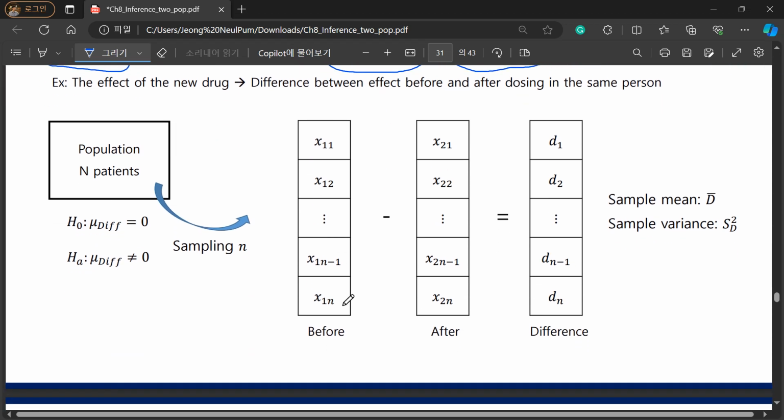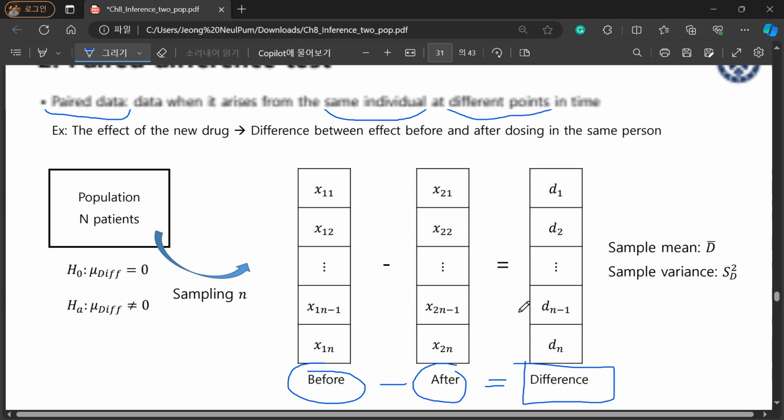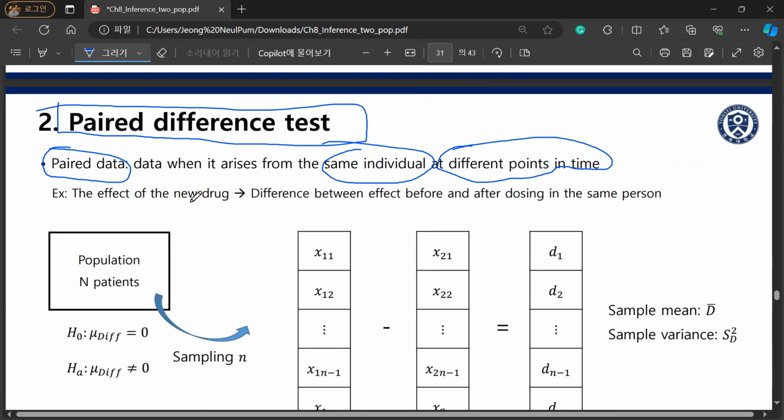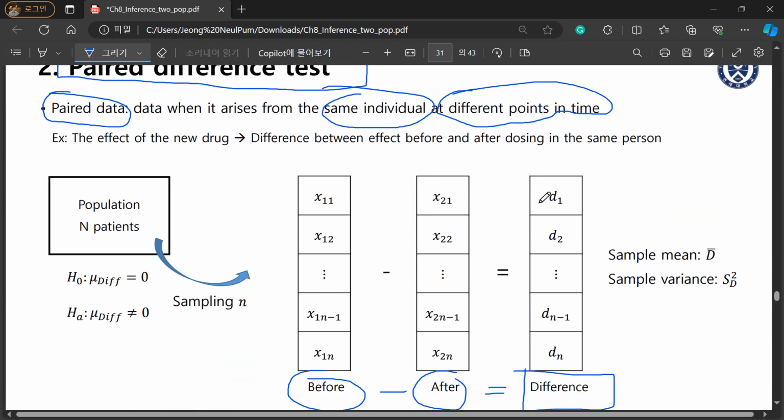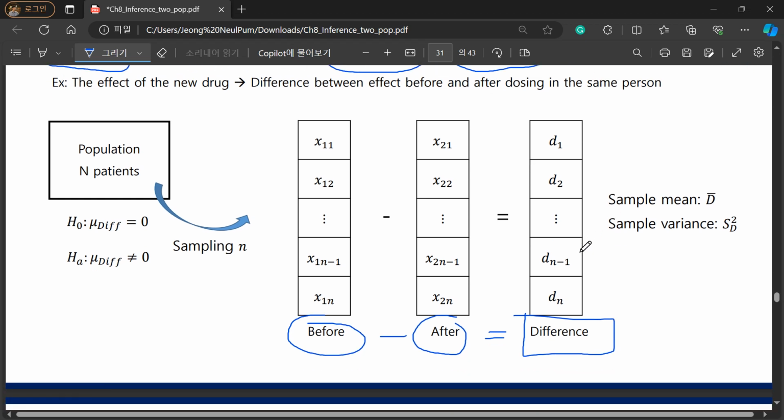There has to be before data and after data, and by getting the difference from the two data, we have the difference data, and we make some assumptions, and we construct our confidence interval or make some hypothesis test based on this difference data from the before and after data.